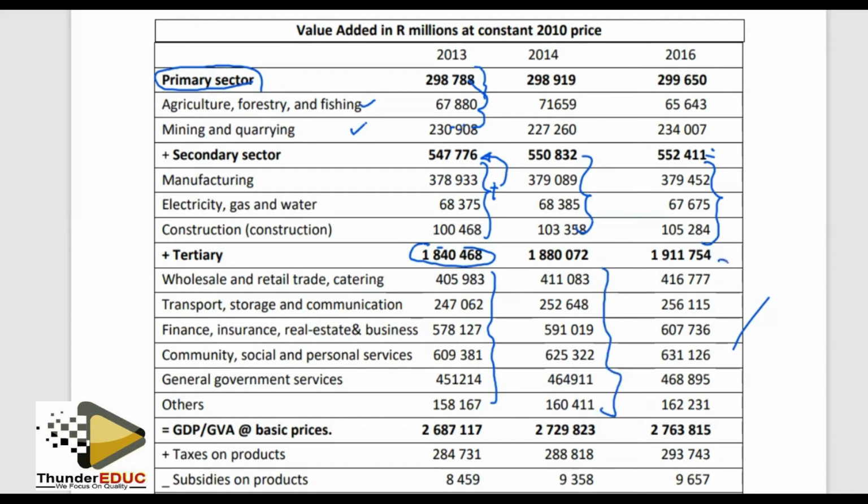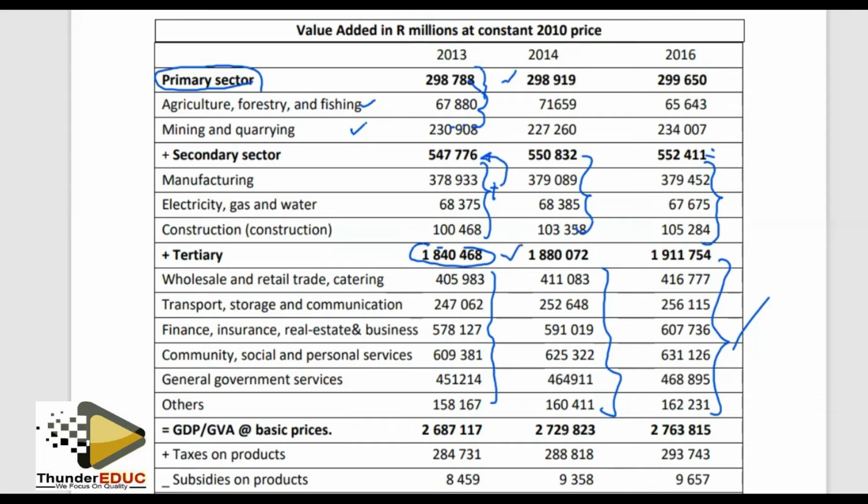That is how we can calculate the gross domestic product at basic price: by adding elements of the primary sector, the secondary sector, and then the tertiary sector.